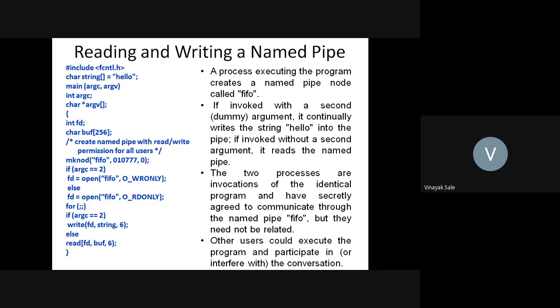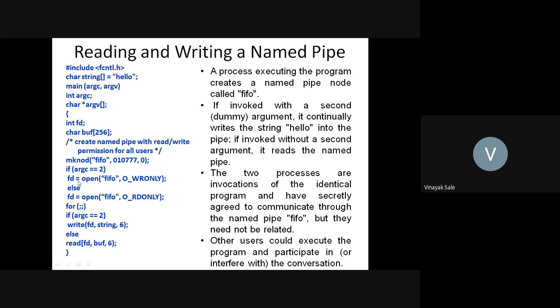Then file descriptor number, then reference 0. If argument c is equal to 0, then file descriptor is equal to open with first in first out manner for write only purpose.